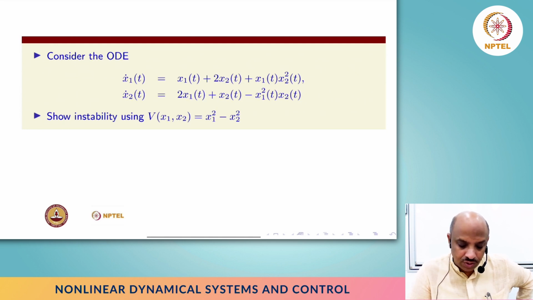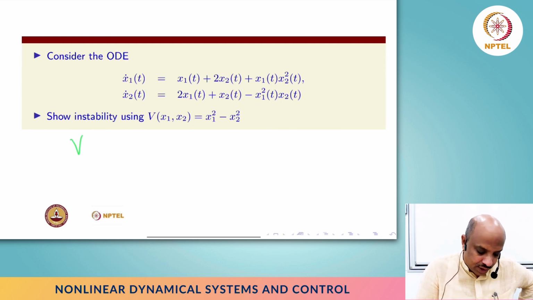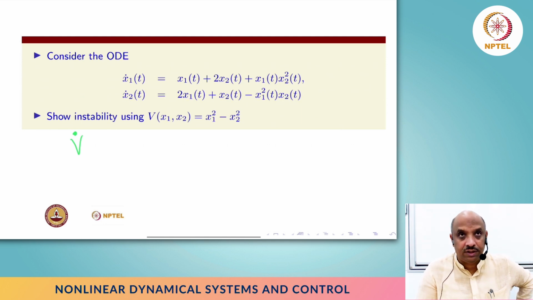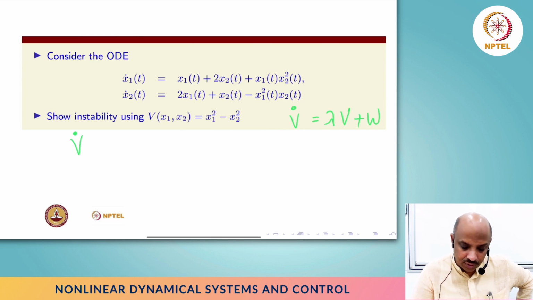So one of the conditions for instability is shown: very close to the origin, we have to have a bunch of points where x1 is 0, arbitrarily close to the origin, that has a V of x positive. The only other thing is basically V dot should have either this positivity or something else. If you recall, we want V dot equal to lambda V plus W, where W is non-negative and V is the actual expression, right?